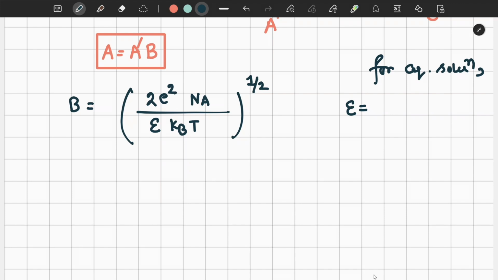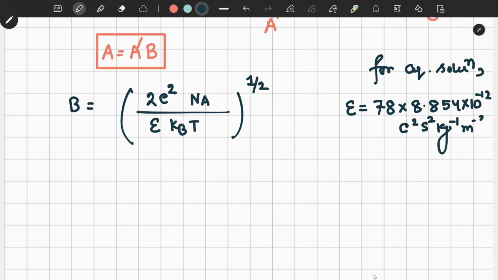Is it clear? You can read it from that physics book where Coulomb's law is discussed. It's not very difficult. It's easy. 8.854 into 10 to the power minus 12 coulomb square per newton meter square.